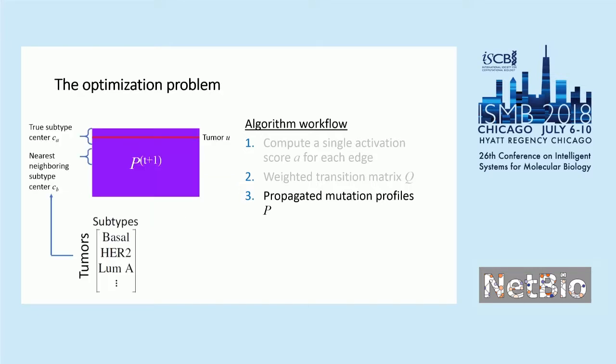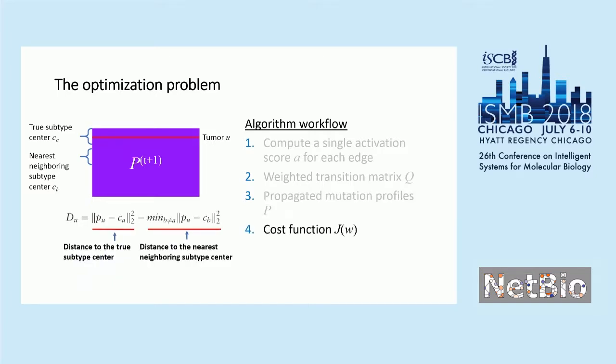Since our algorithm is supervised learning, here we are providing another piece of input information, which is the subtype labels for each tumor, such that for each tumor U, we can calculate the true subtype center CA and the nearest neighboring subtype center of tumor U, CB.